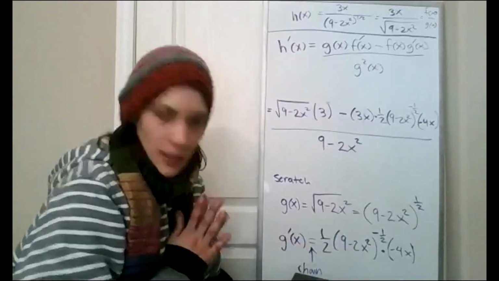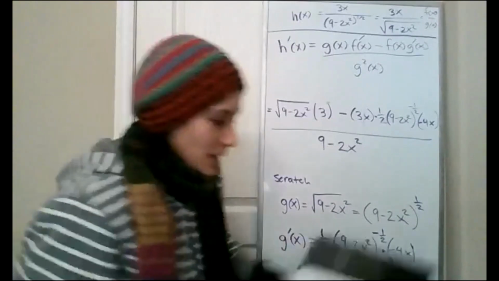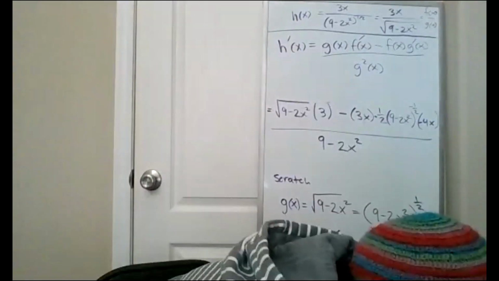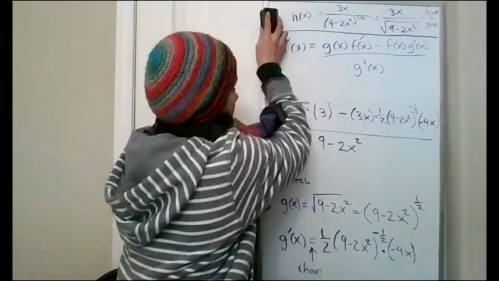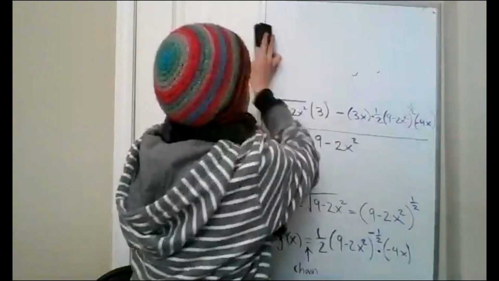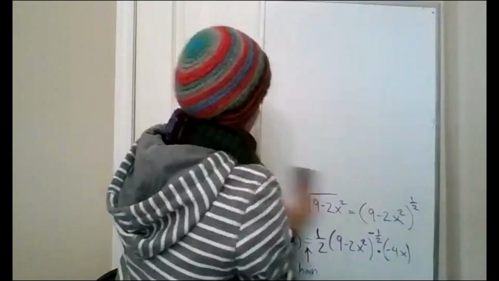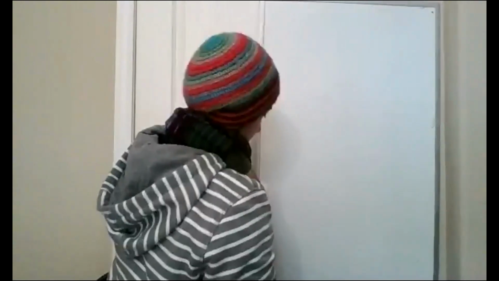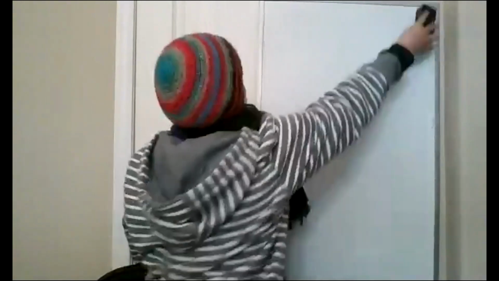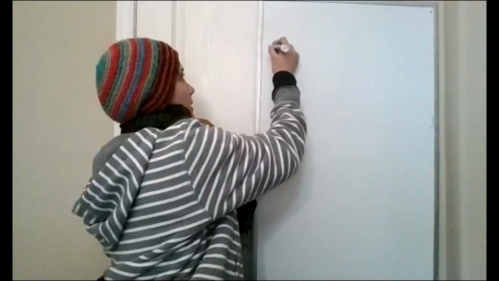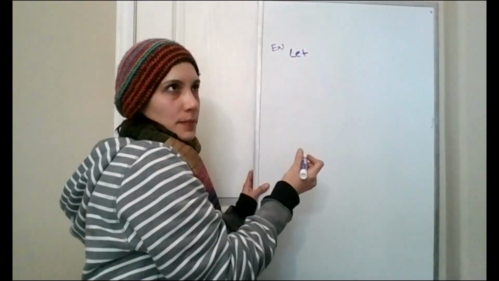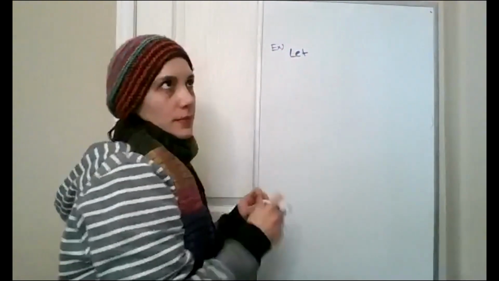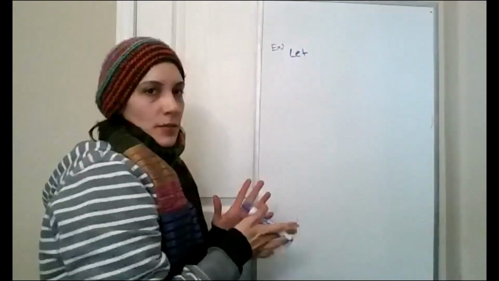Oh, that's easy. Okay, this is a good one. It's not too bad. It's just going to be a product rule. Throw some extra numbers into it. So let's call the function k.